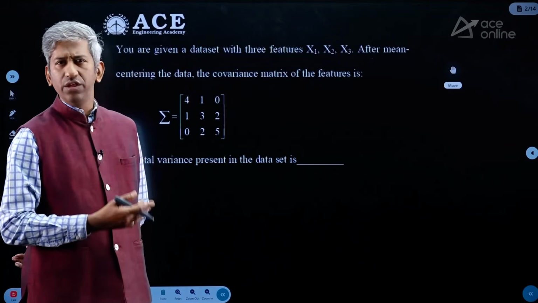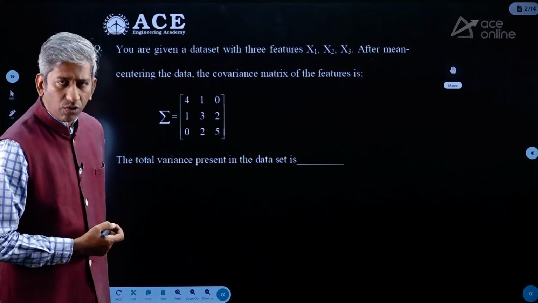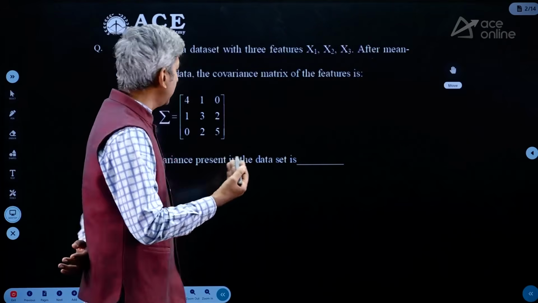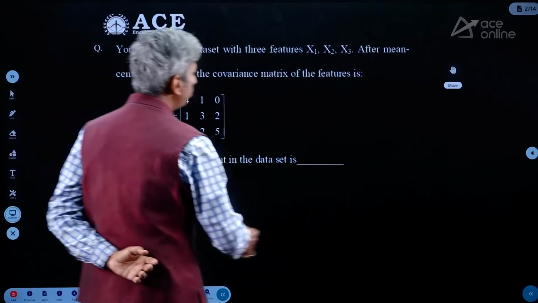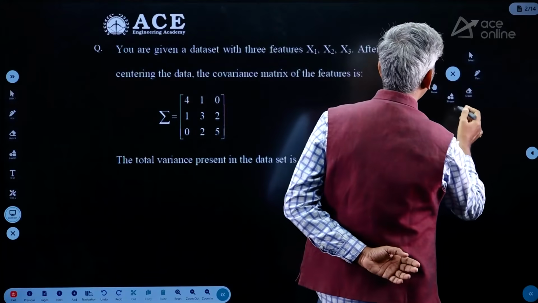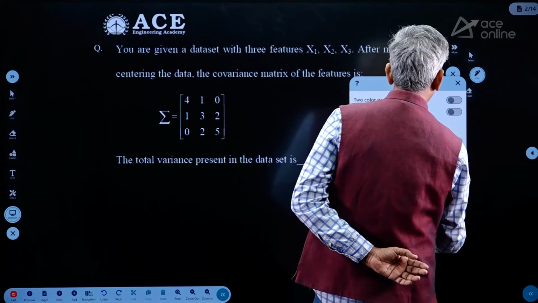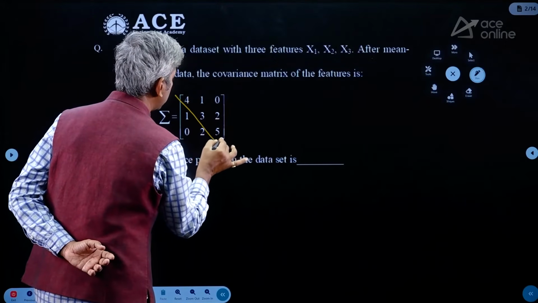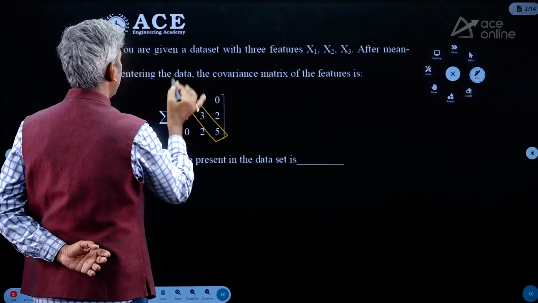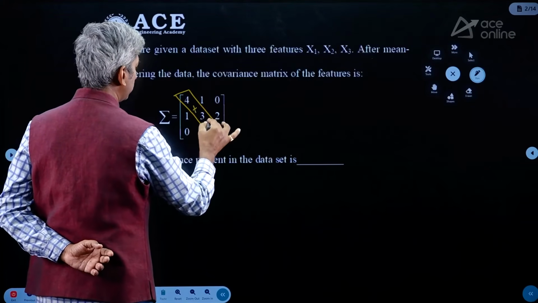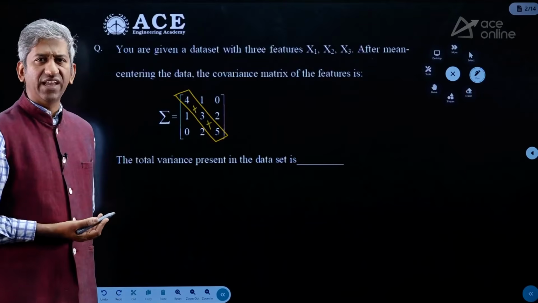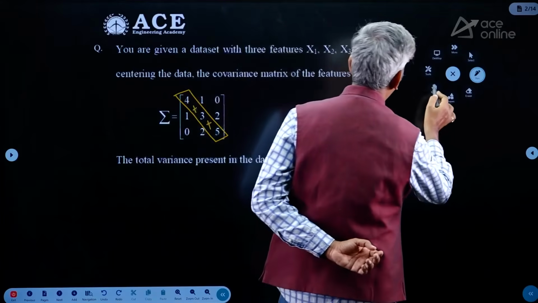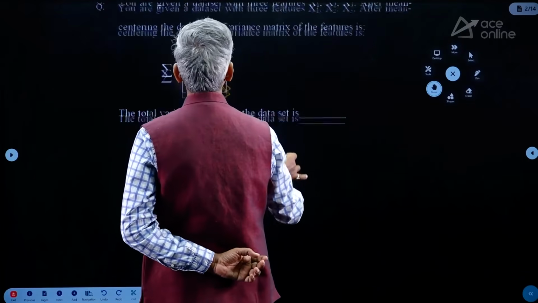In both the ways, you need the covariance matrix. The covariance matrix is always a square matrix, and if you consider the diagonal elements, their summation is nothing but mathematically the trace. So a trace of the covariance matrix gives the variance.